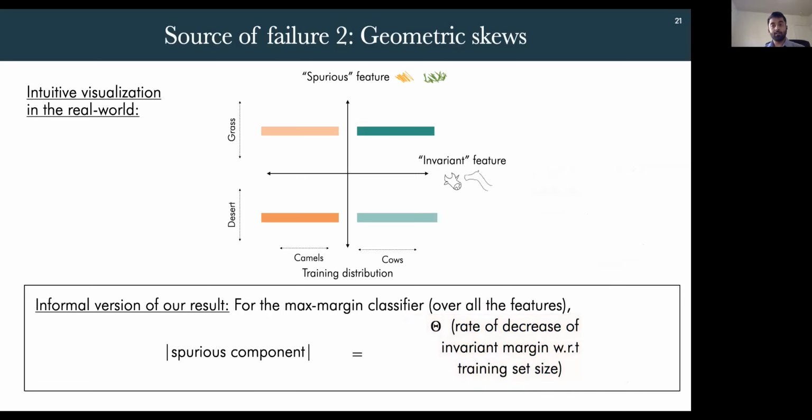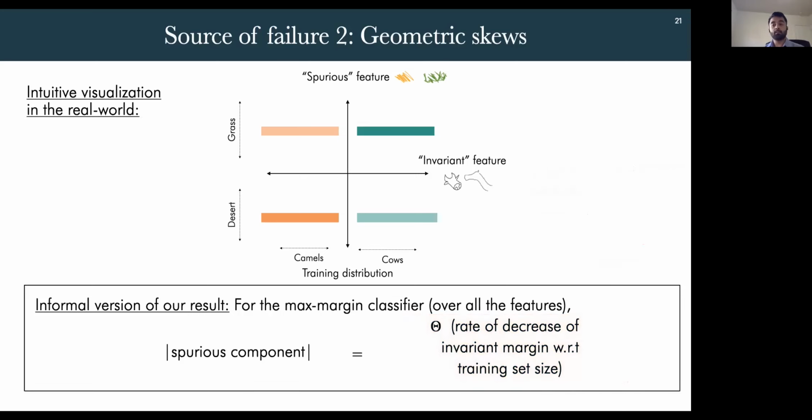To understand why this is the case, let's imagine what happens when I sample a finite set of data points from this sort of distribution. The data points will look something like this, where along the first and the third quadrant, because I have a majority of the data points, I'm going to end up sampling too many data points from those quadrants. And along the second and the fourth quadrant, because I only have a minority of data points, I'm going to sample very few data points from there.